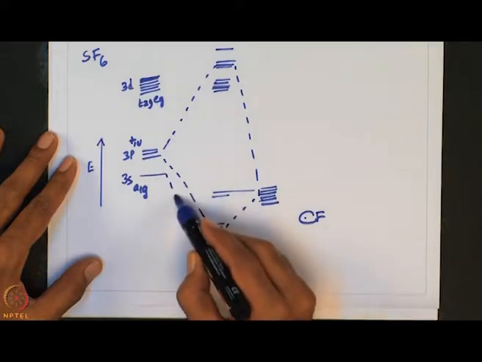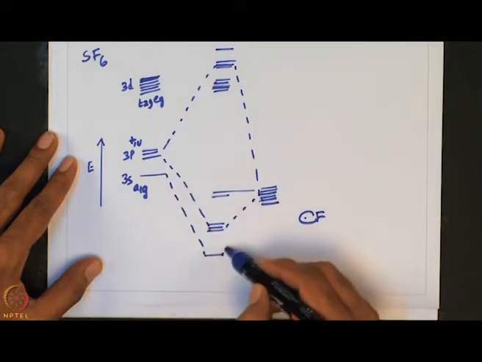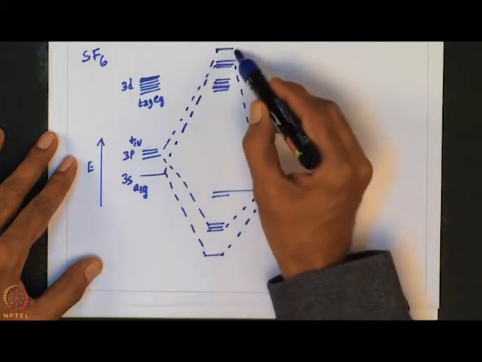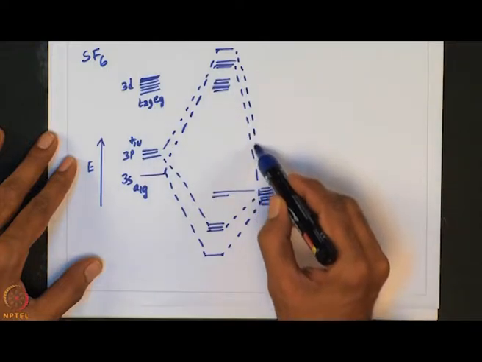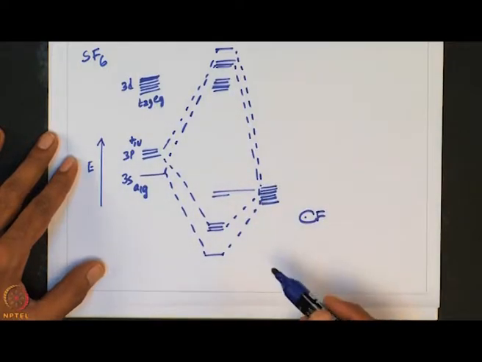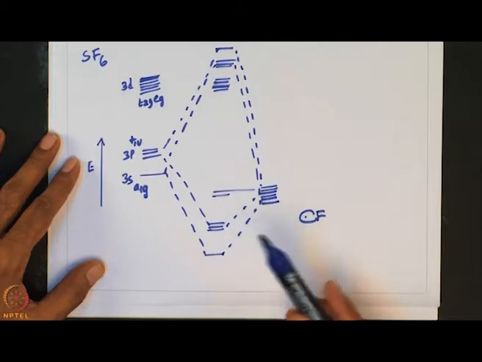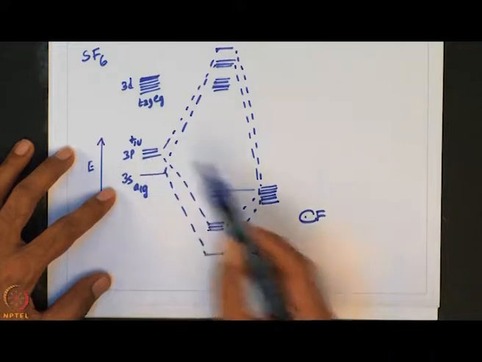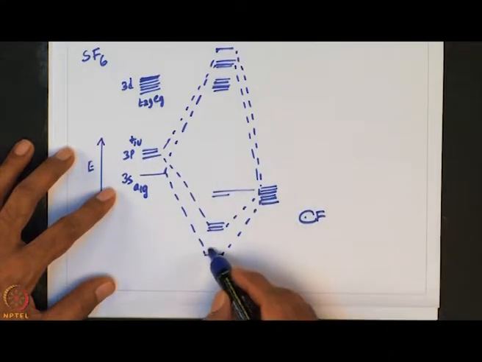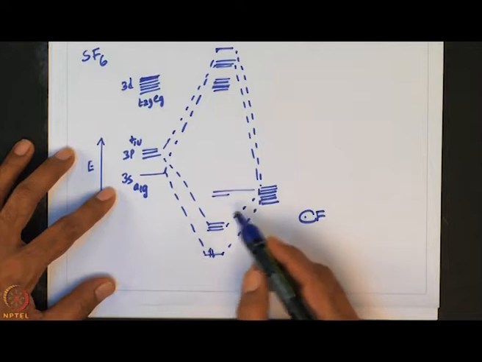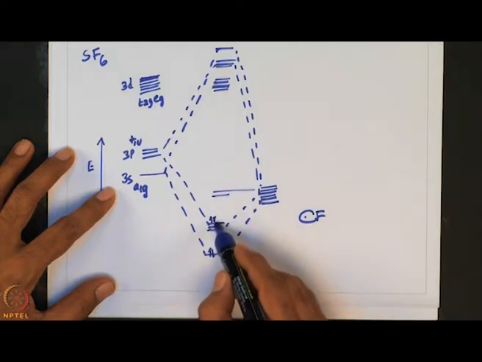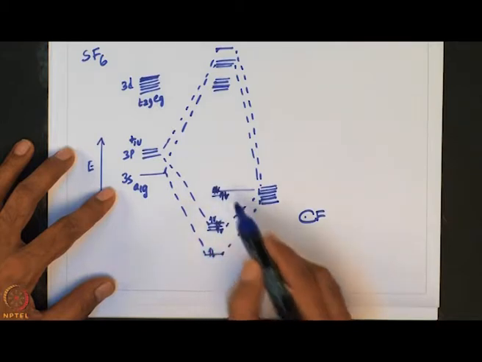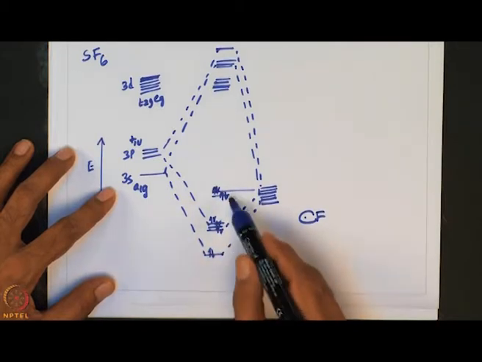Now we can place the electrons here. We have 6 electrons and 6 electrons. I can place 6 electrons here, so a total of 12 electrons are placed here.